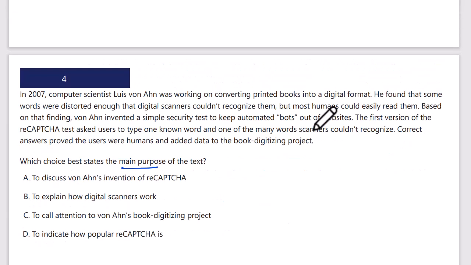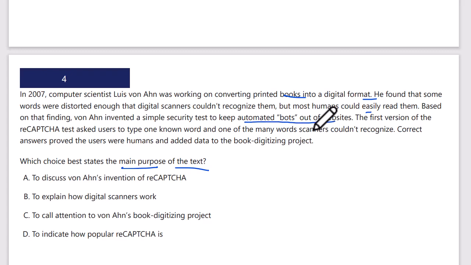So what's the main purpose of the text? Let's read. In 2007, computer scientist such and such was working on converting printed books into a digital format. He found that some words were distorted enough that digital scanners couldn't recognize them, but most humans could easily read them. Based on that finding, he invented a simple security test to keep automated bots out of websites.